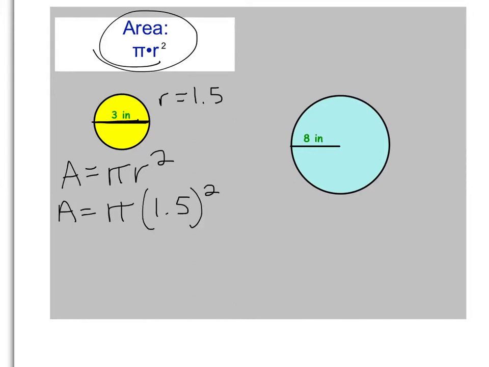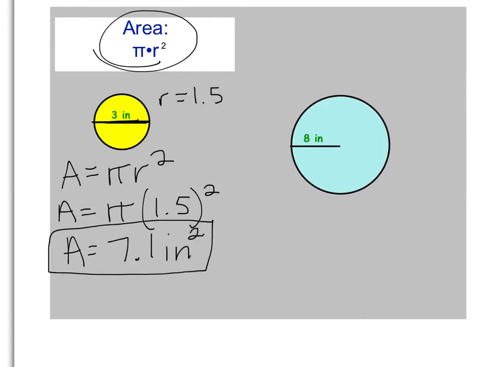I can put all this in my calculator, or I can follow order of operations and do 1.5 squared times pi. And when I calculate this in my calculator, I'm going to stop and round to the nearest tenth. So 7.1 inches squared. So my units are squared, since I'm talking about area.